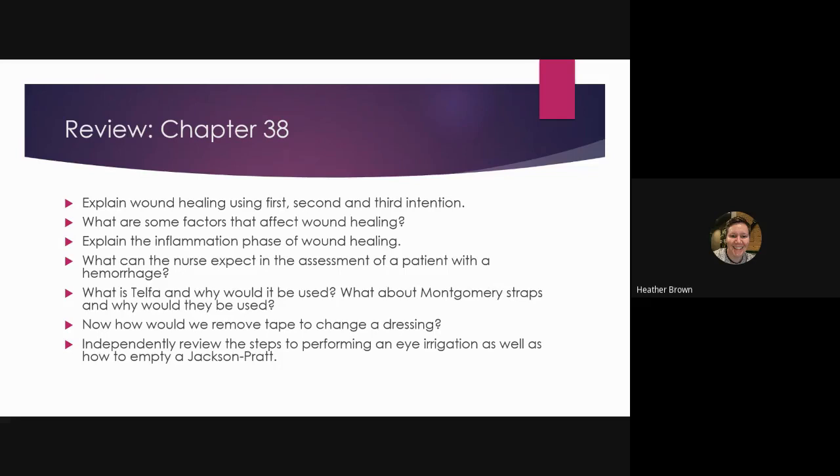So later on, secondary, they come in and close it. So do make sure that you review first intention, second intention, and third intention. Okay, guys? So spend a few minutes on that. Now, what are some factors that affect wound healing?